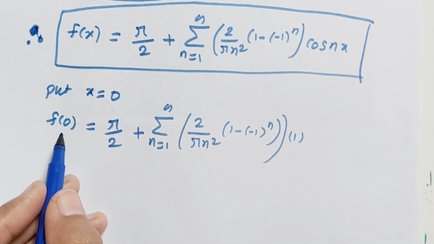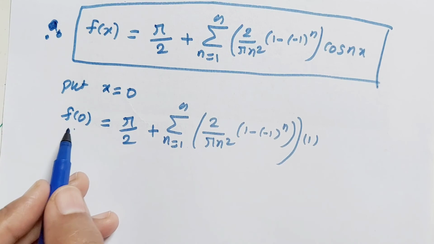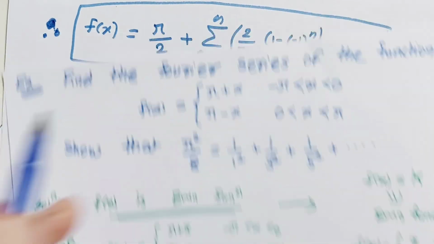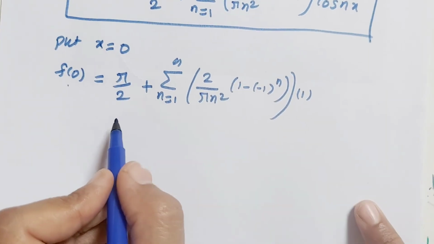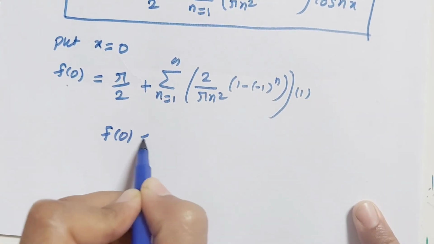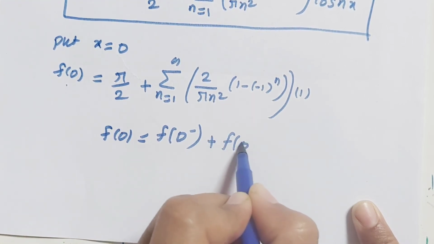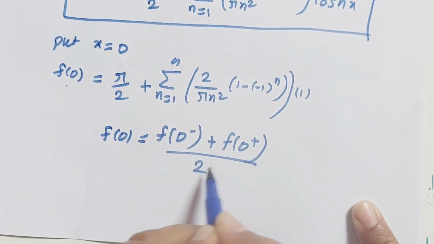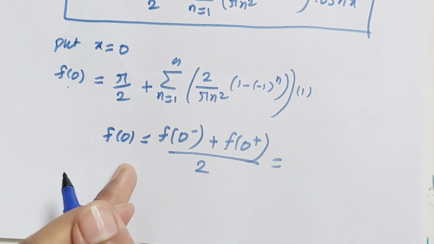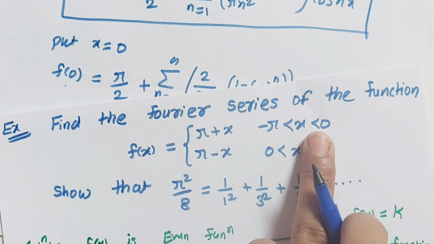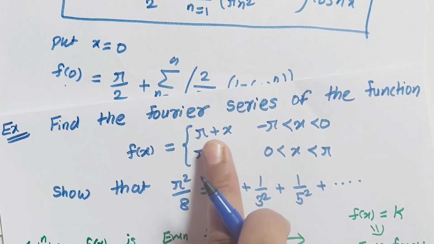We know what the Dirichlet condition is. I have already discussed the Dirichlet condition in the first lecture. So here the function is discontinuous at 0. So to find f of 0 we have to use the Dirichlet condition, that is, f of 0 is f of 0 from the left hand side plus f of 0 from the right hand side, divided by 2. From the left hand side, as x tends toward 0, the value of the function is pi plus x.